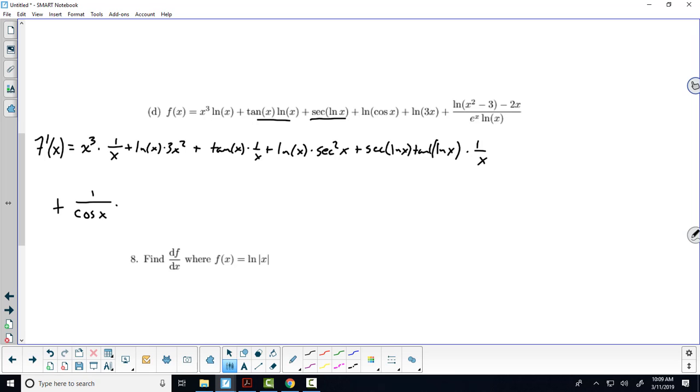Why negative sine x? Because it's the derivative of cosine x, which is the inside. So the inside function here was cosine of x, right? And so I'm going to do the chain rule, so I'm going to multiply it by negative sine of x. Do I put it down here? No, off to the side. Exactly. We multiply the entire derivative of the outside by the derivative of the inside. Questions on that?